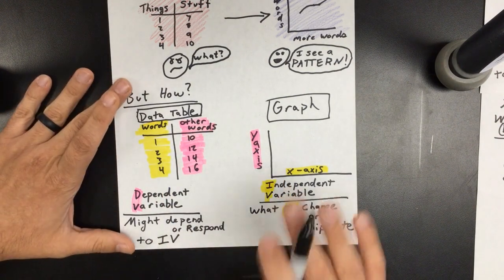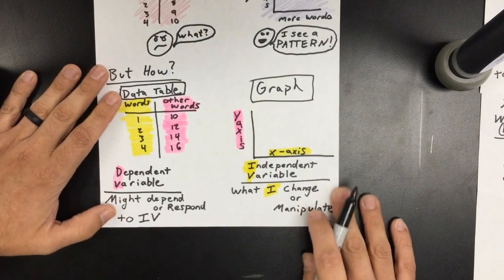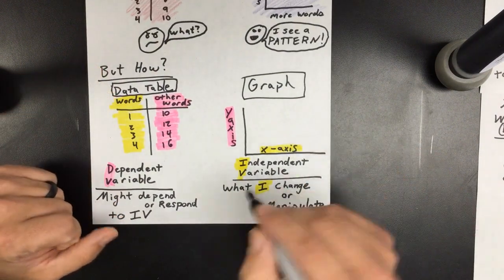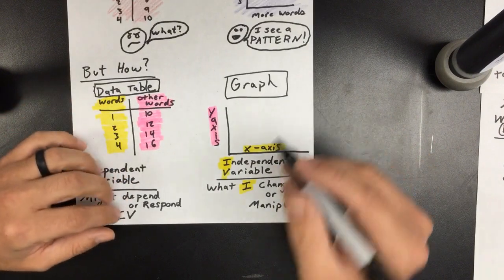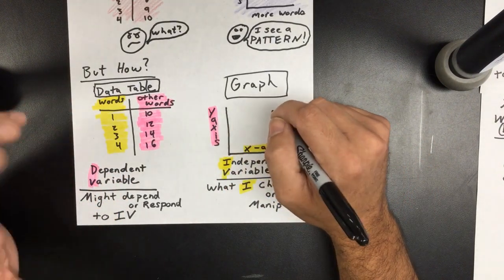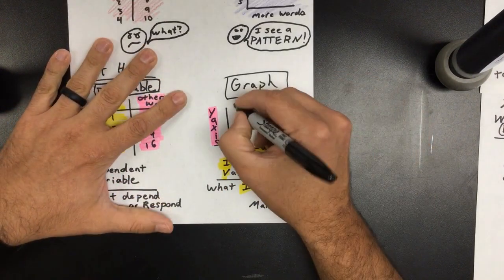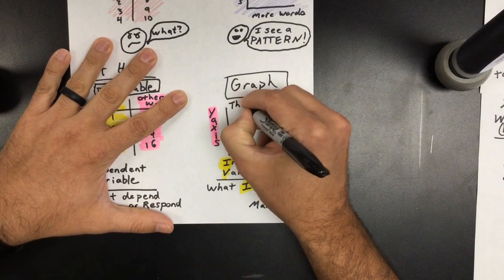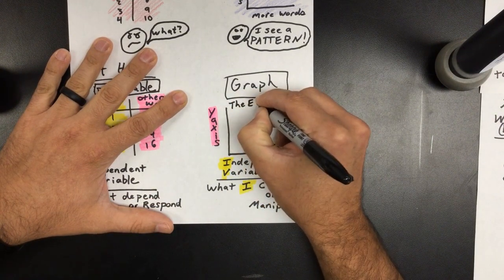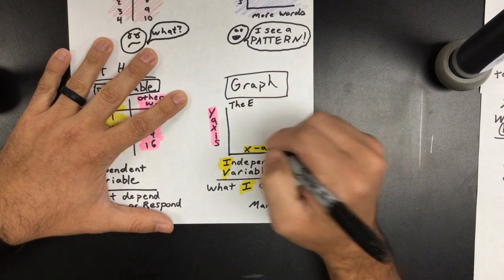Now our graph needs one more thing. So people will know what it's about, it needs a title. Now for our graph, we always write the title pretty much the same way. So I'm going to write the effect of the IV on the DV.